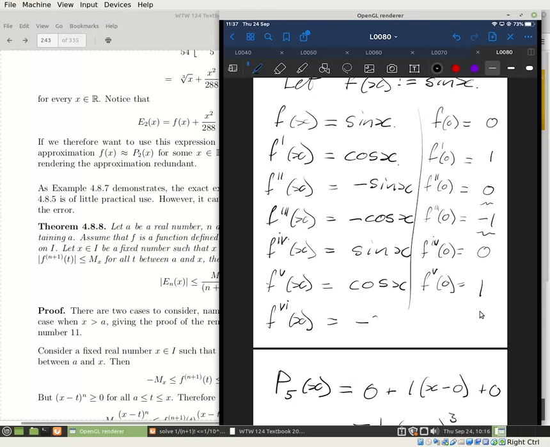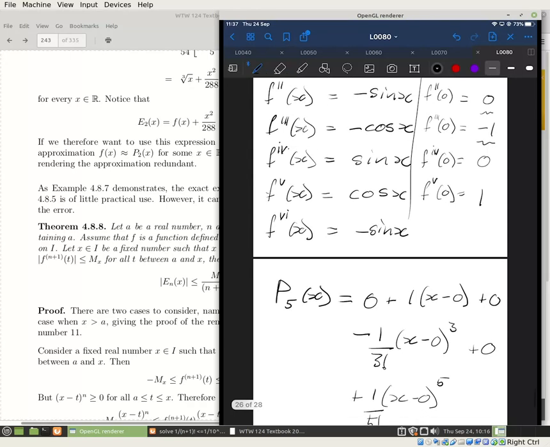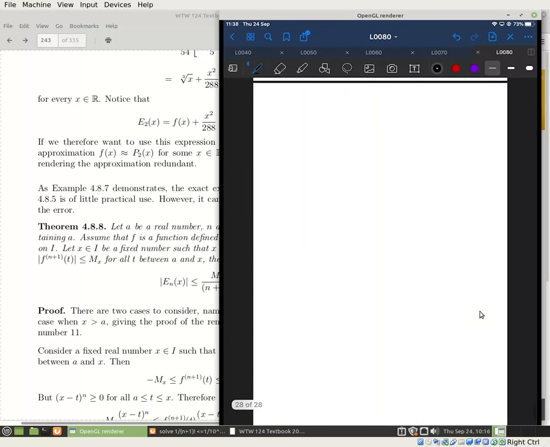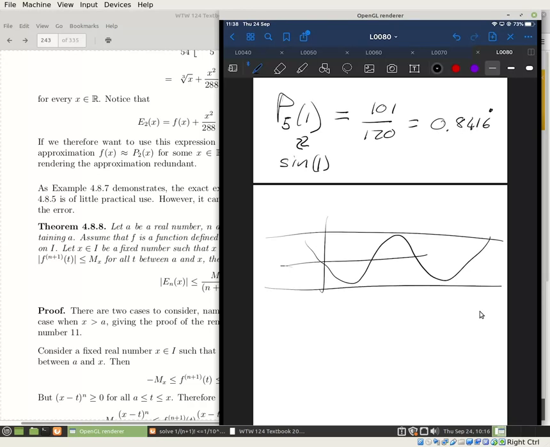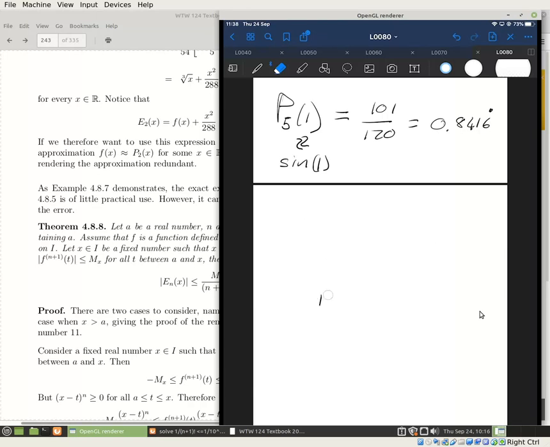That is minus sine x. What does the sine look like? Sine looks like that, but we're working with a minus sign. Point is, for all x, the value of sine is between 1 and minus 1. So the absolute value of minus sine is always less than 1.